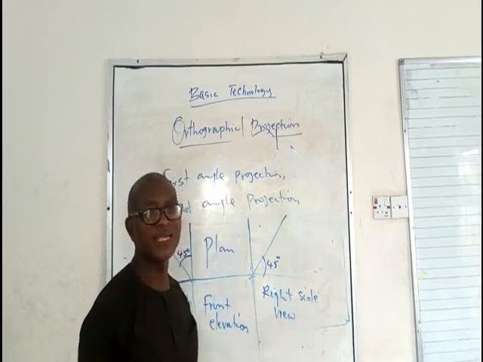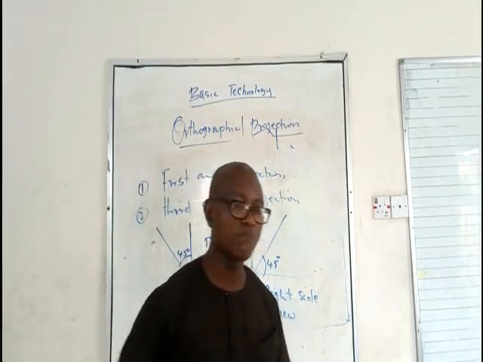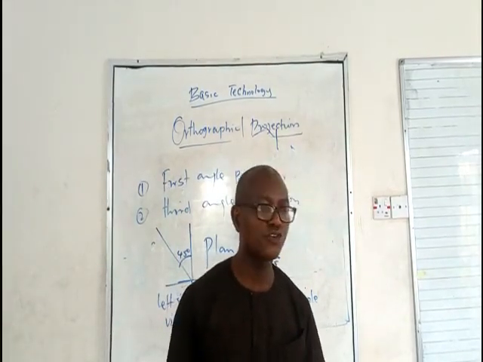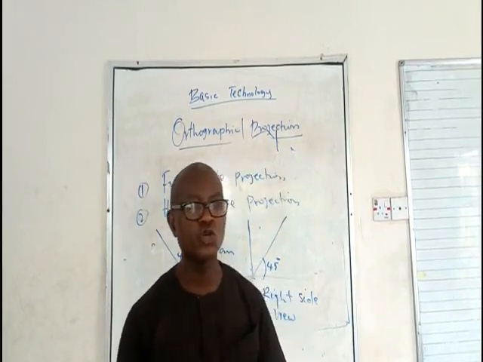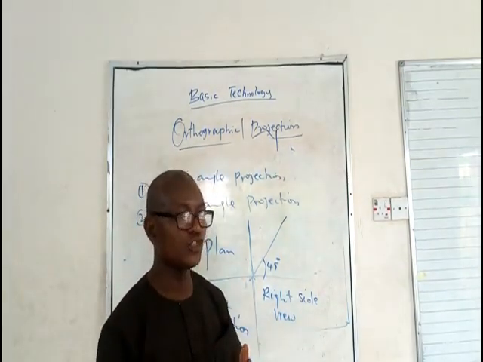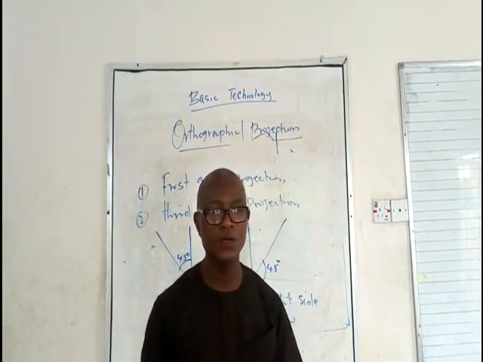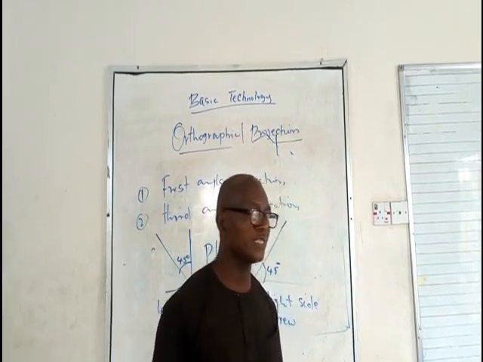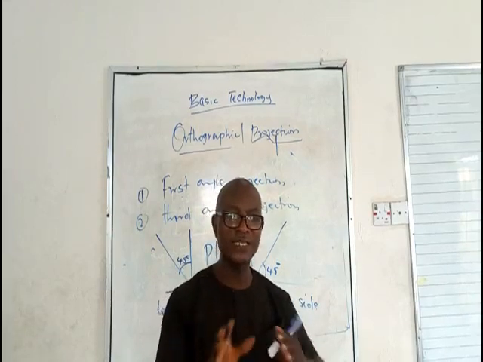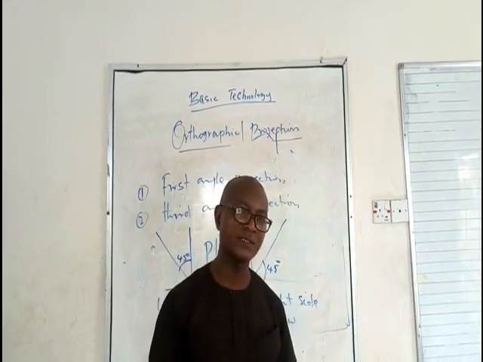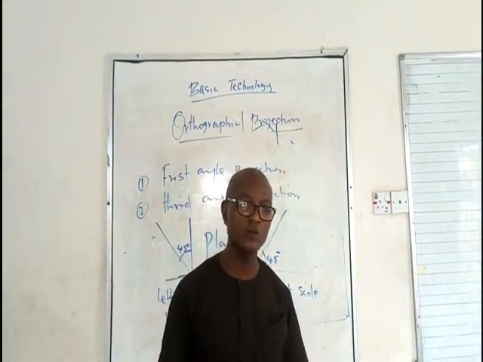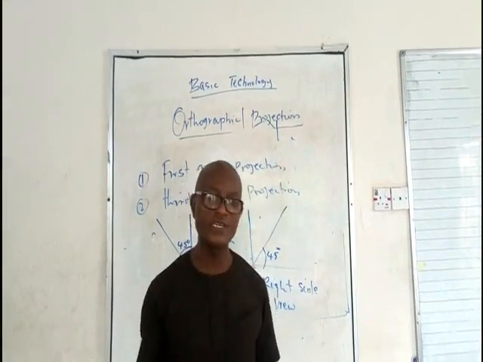Remember that in our last class we talked about pictorial drawing. We group pictorial drawings into 2, the isometric drawing and the oblique drawing. Isometric drawing gives you the picture of the object, but it will not give you the detail.